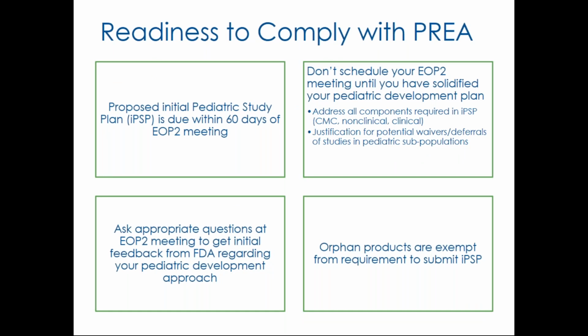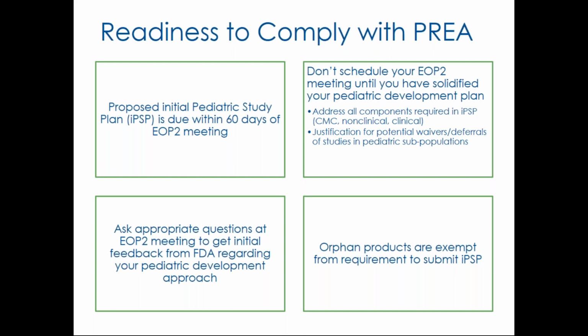And finally, you need to make sure that you're ready to comply with pediatric requirements. Your proposed pediatric study plan is due shortly after the end of phase 2 meeting, so you shouldn't schedule your end of phase 2 meeting until you have a solid pediatric development program that addresses all the considerations that you would include in your pediatric study program, including justification for any waivers or deferrals.